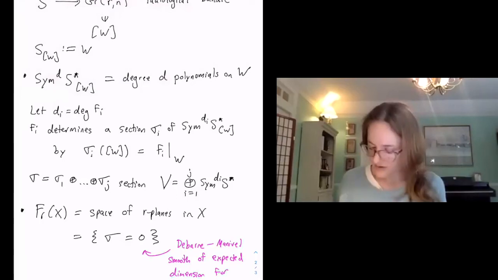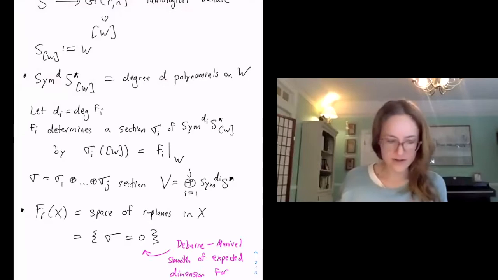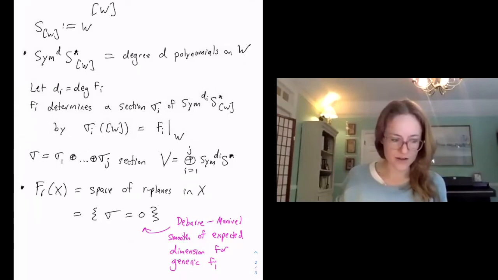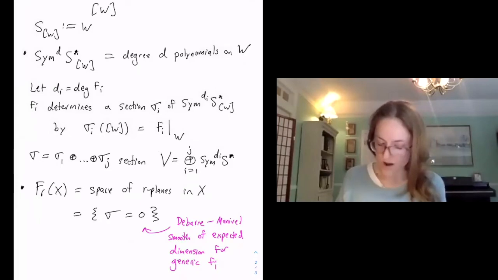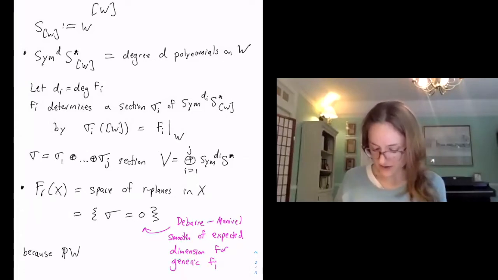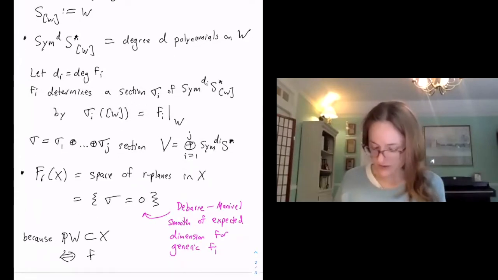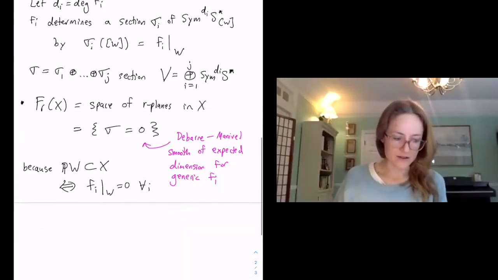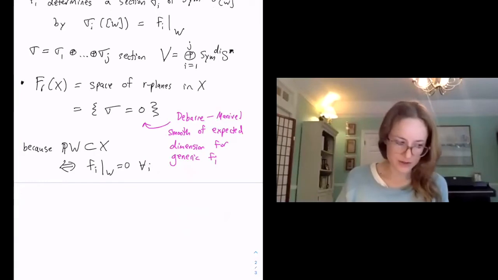So why is the vanishing of sigma the space of r-planes in X? It's because we have a plane P(W) in X if and only if the restriction of Fi to W equals 0 for all these i's.